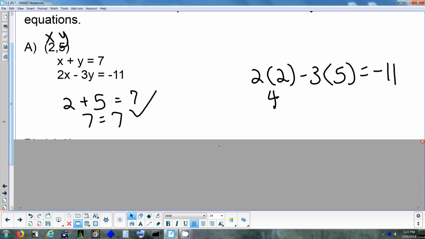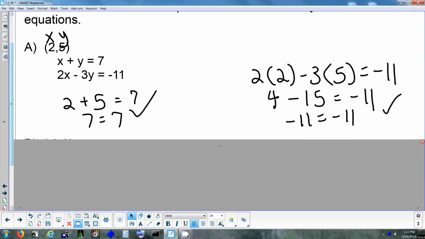How about when I do this? Negative 15. Nice job. Then 4 minus 15? Excellent. Negative 11 equals negative 11. Does it check out? Yeah.